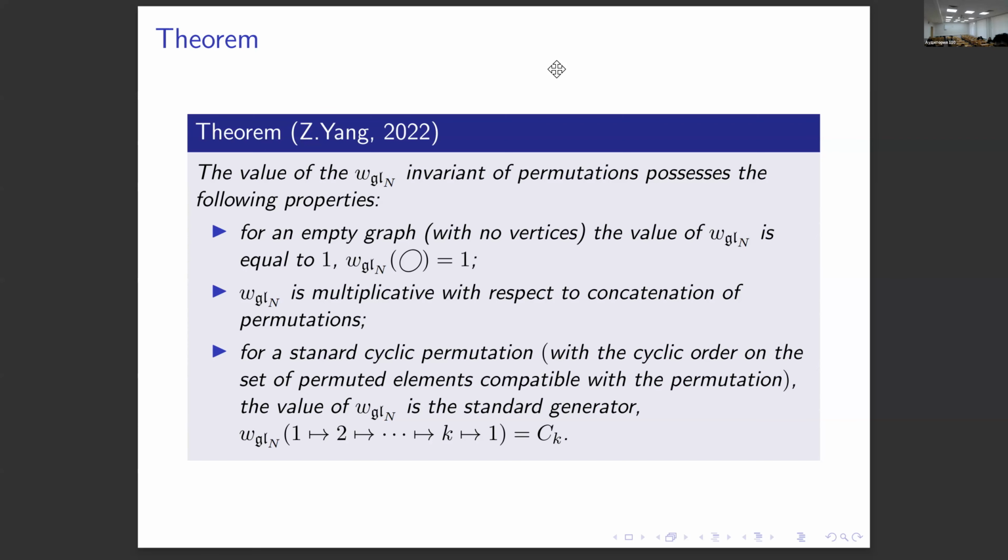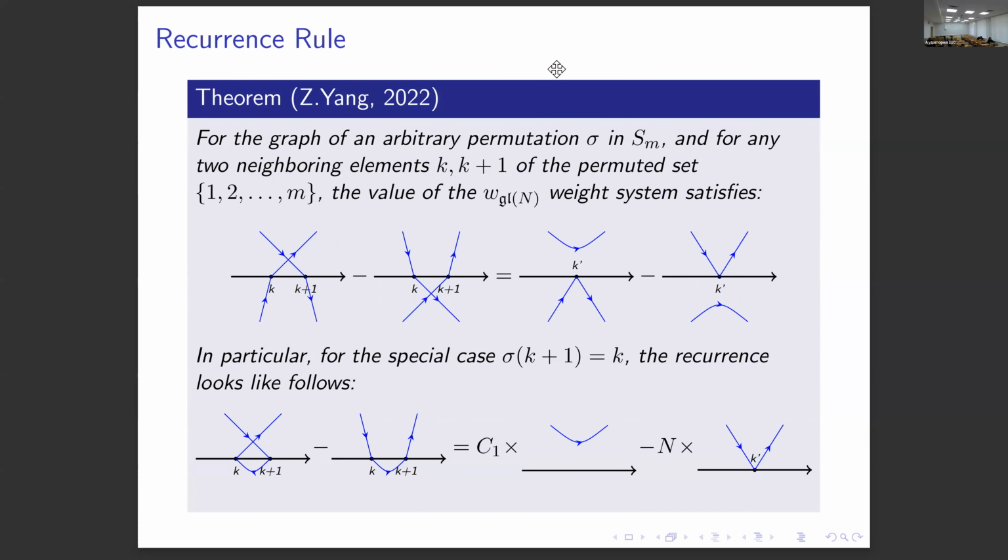And the recurrence rule is localized. So the graph is an arbitrary permutation sigma, and we only look at the two neighboring elements k and k plus 1 of the permuted set. Each vertex has one incoming edge and one outgoing edge.